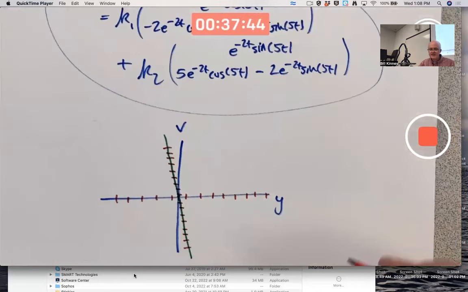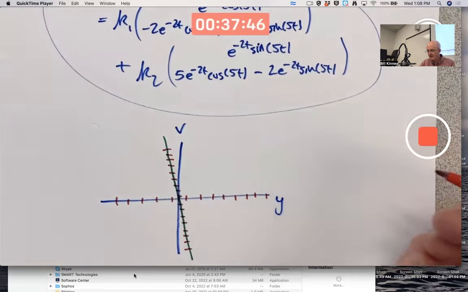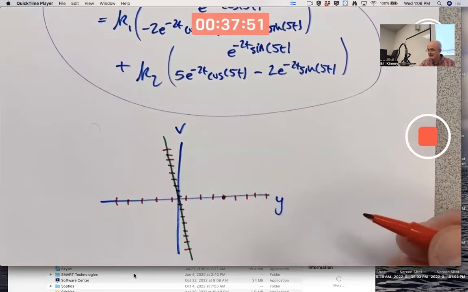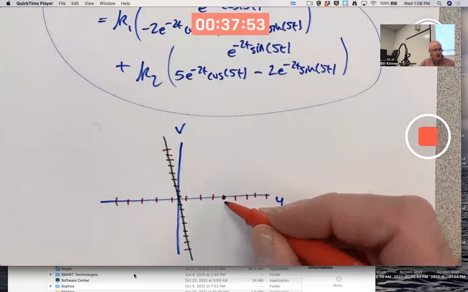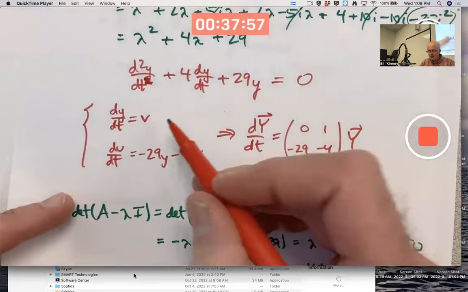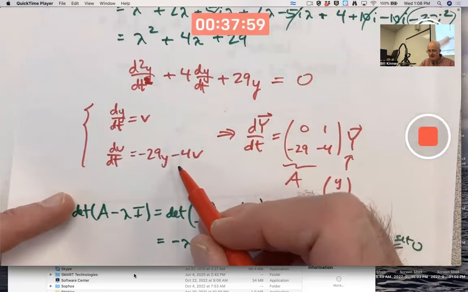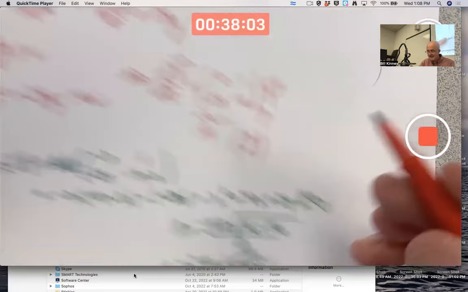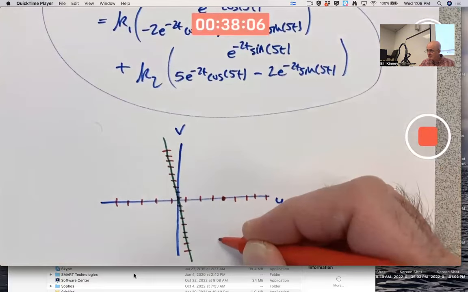As far as directions of solutions, you can check directions of the vector field. You can just check a point along this positive y-axis, where y is positive and v is 0. If v is 0, dy/dt is 0. And if y is positive, this is negative. dv/dt is negative. It's got to go straight down.